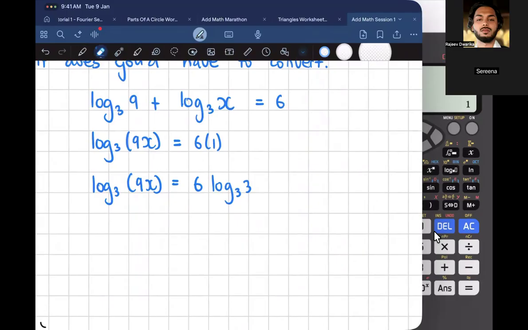Not so fast. You see how we have that 6 over here? Is there a rule I could use to simplify this or condense it? I have a 6 to the side. Is there anything I could do with that 6 to the side?